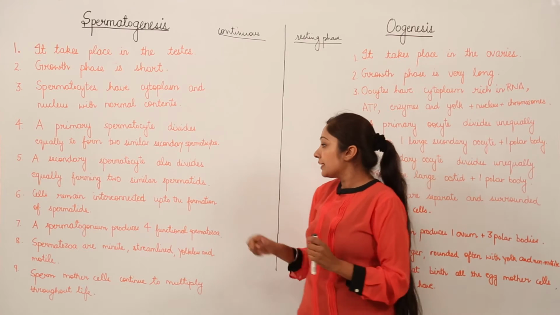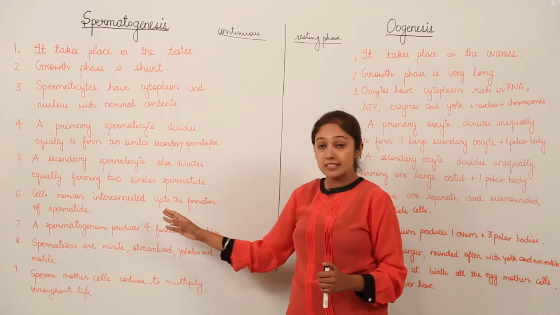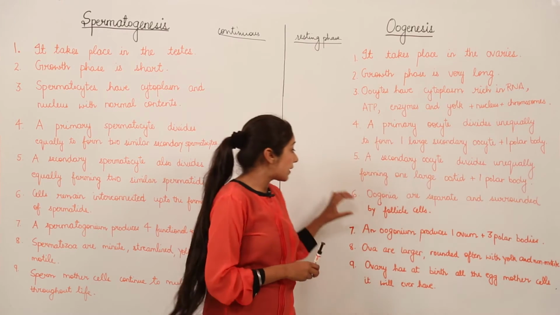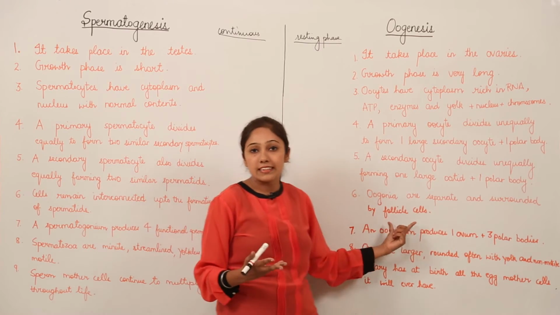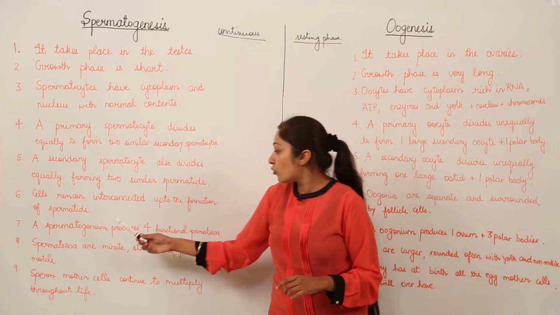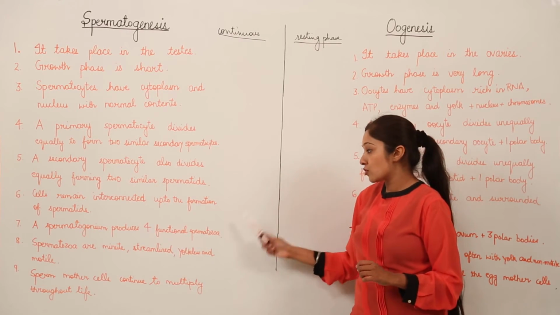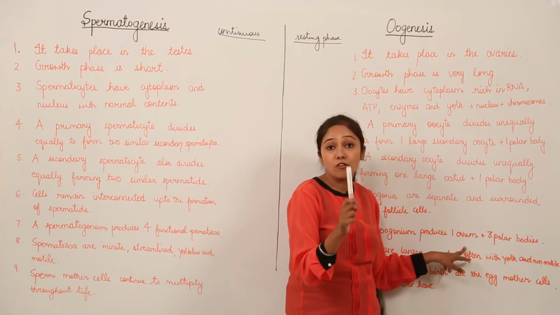Remember this. Cells remain interconnected up to the formation of spermatids in case of spermatogenesis, but in oogenesis, oogonia are separate and surrounded by follicle cells, as we have studied in the structure already. Then a spermatogonium produces 4 functional spermatozoa, but an oogonium produces 1 ovum only.